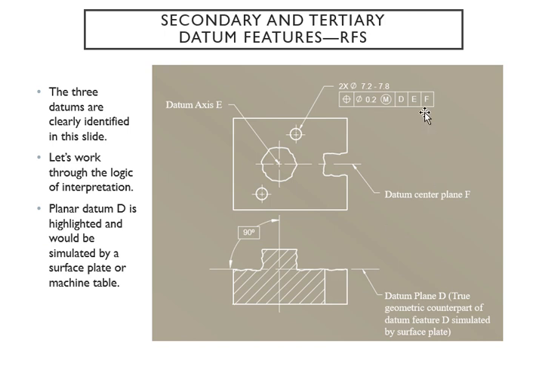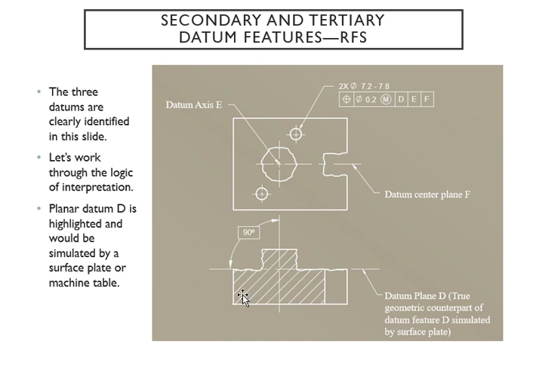Anyway, so we have three datums clearly identified in this diagram right there. And of course, your datum D, which is your primary datum right here, and that plane is right here, the datum plane, in a completely exaggerated view of the surface. So your simulated datum is going to be there to establish the datum plane D. It is simulated by using the surface plate or machine table.